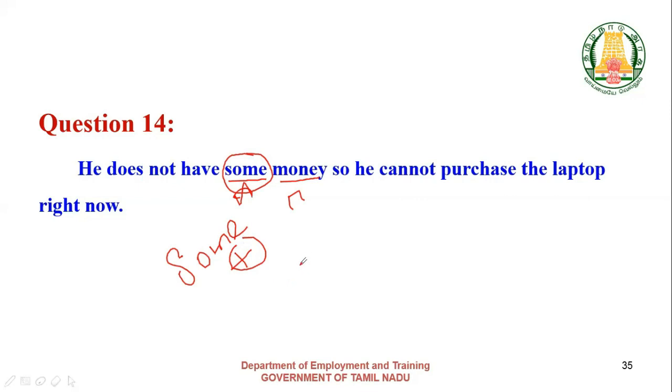But the negative sentence shows a negative context. He does not have any money, so he cannot purchase the laptop right now. We should be very clear about it: some can be used in positive sentences and any can be used in negative sentences.